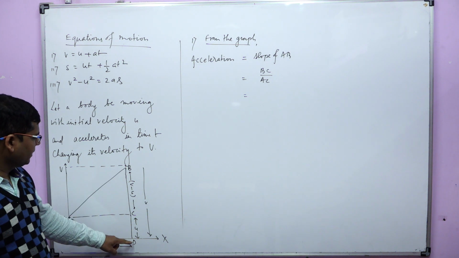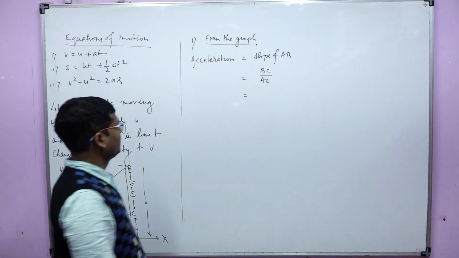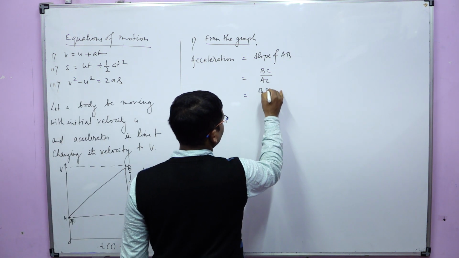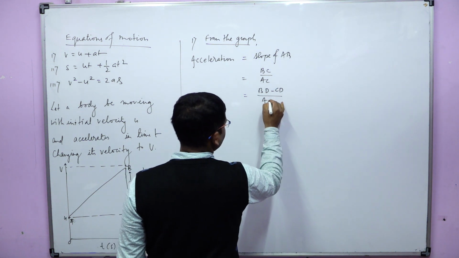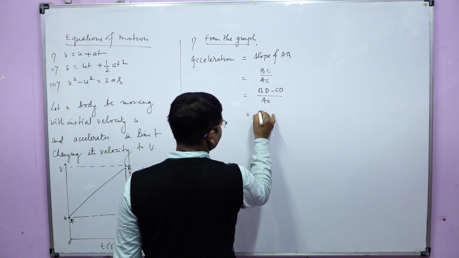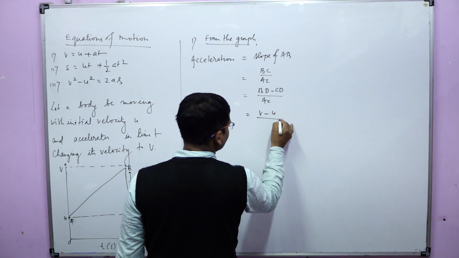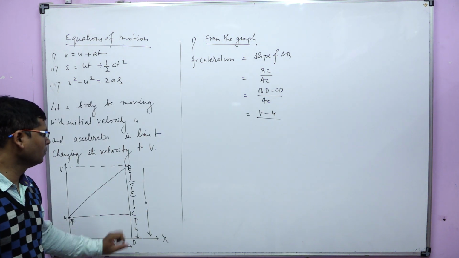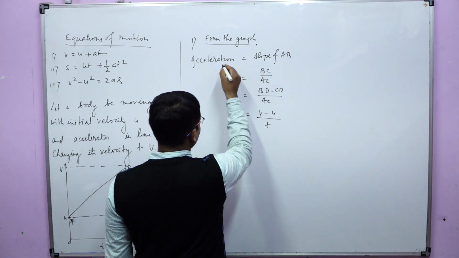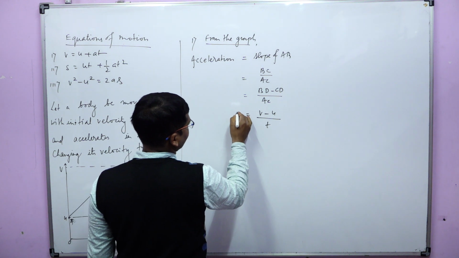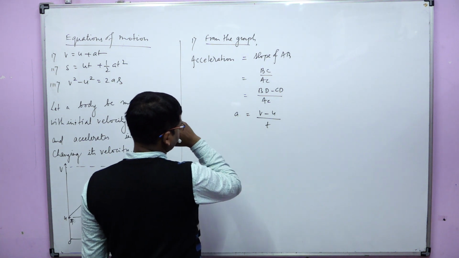And what is BC? BC is BD minus CD. So BD minus CD by AC. BD is v minus u because CD is u, divided by AC, which is time, and this acceleration symbol we can put as a here.